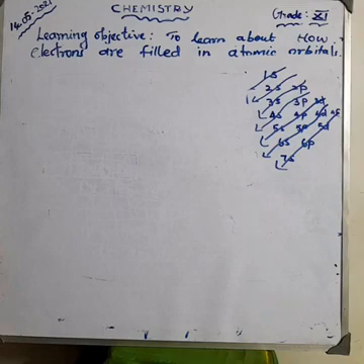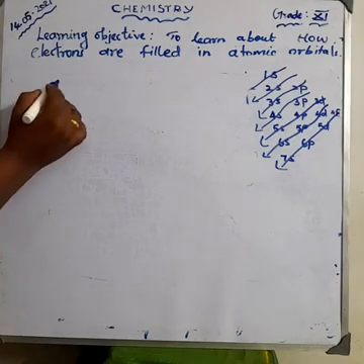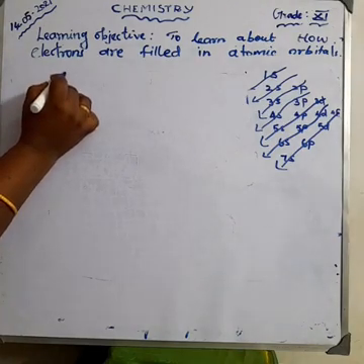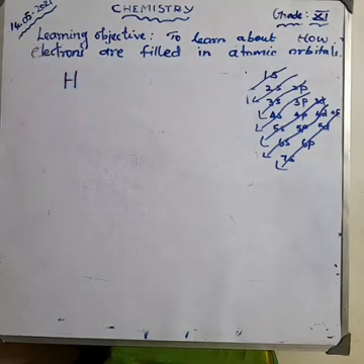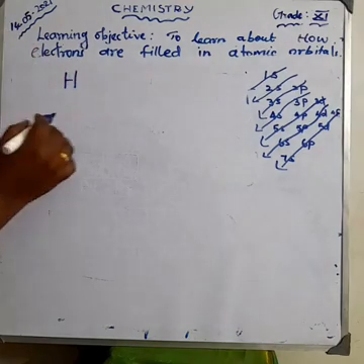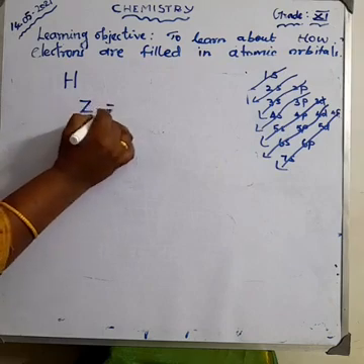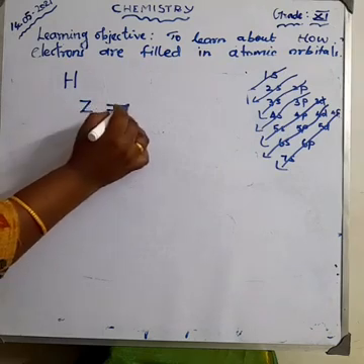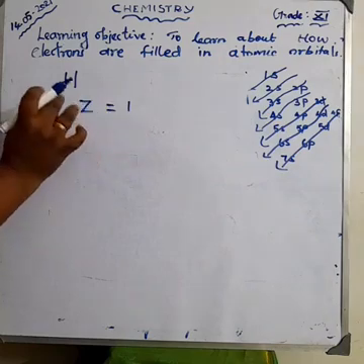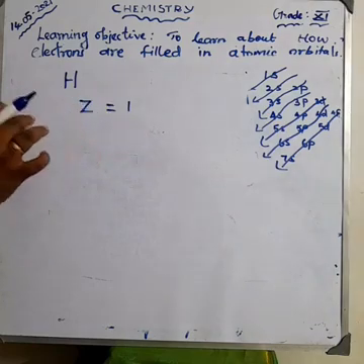We can start from hydrogen, symbol H. What is the atomic number of hydrogen? Z is the symbol for atomic number. Z is equal to 1.